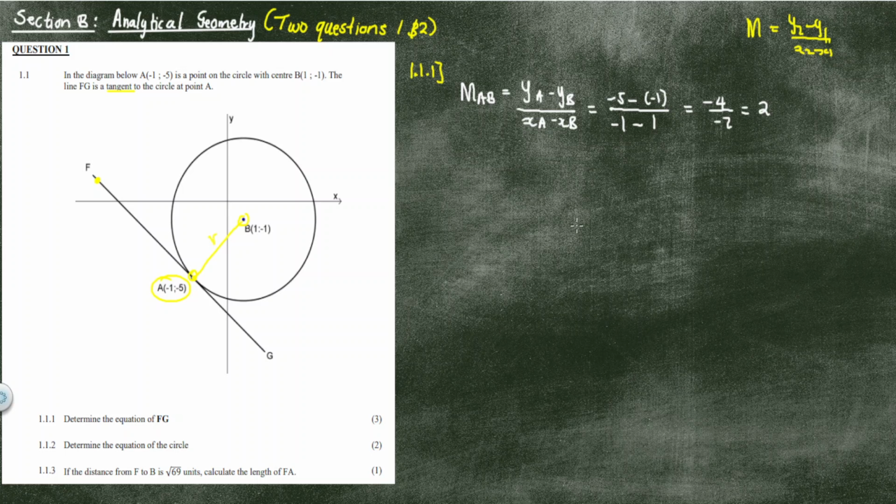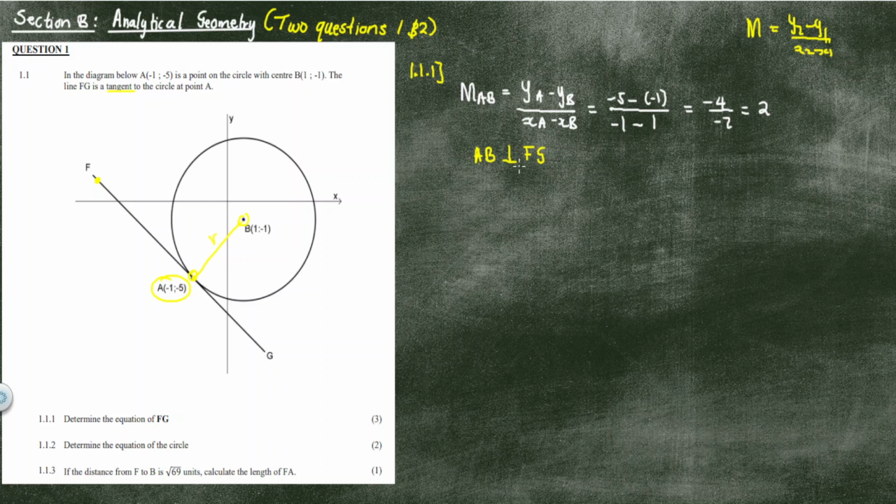Now, after finding the gradient of the radius AB, we can use the property that AB is perpendicular to FG. We know this from Euclidean geometry. A radius is always perpendicular to what? A tangent.